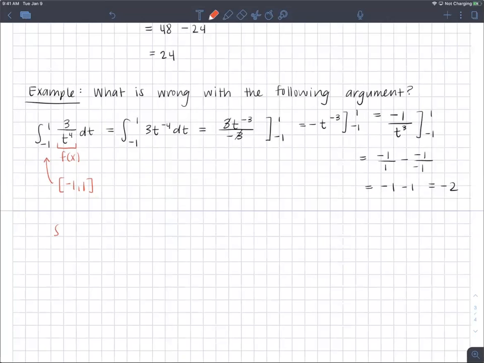Since f of x equaling 3 over t to the 4th is not continuous on this interval, we are not allowed to use the FTOC part 2.